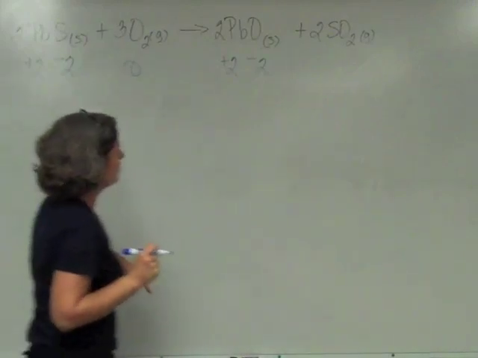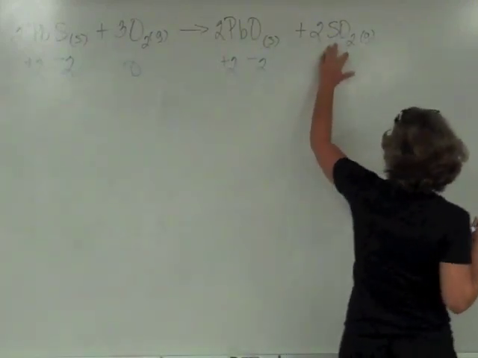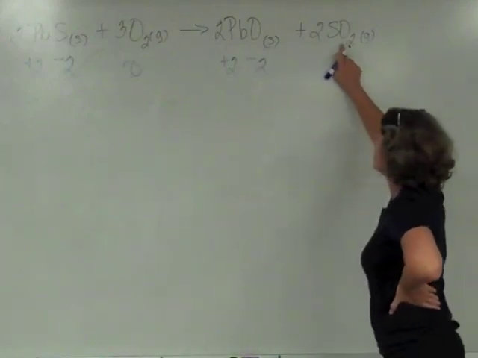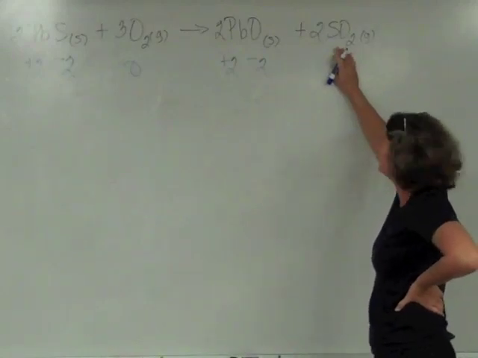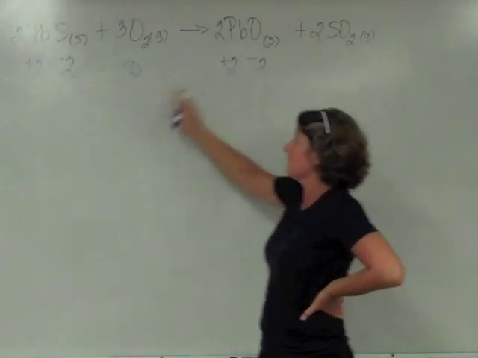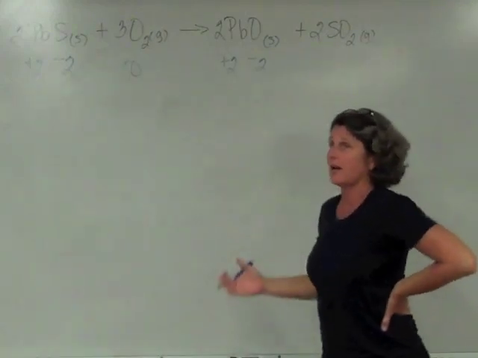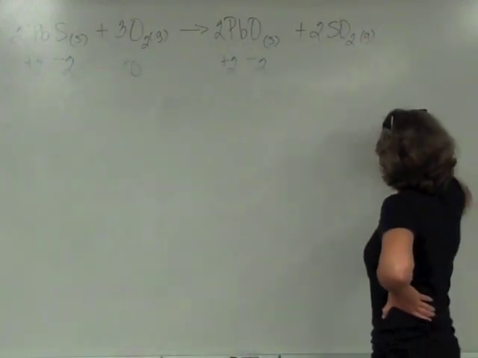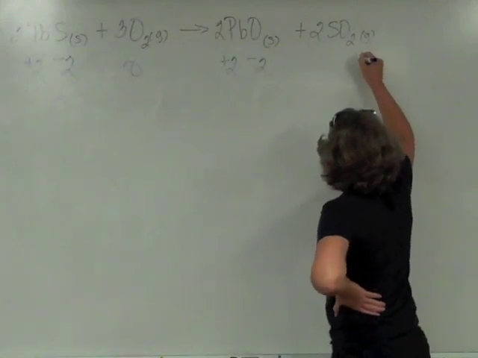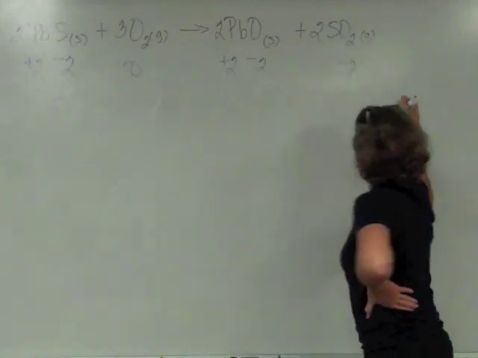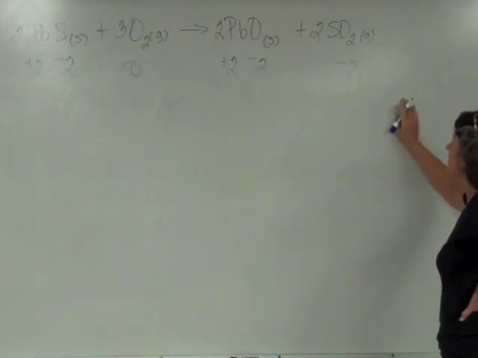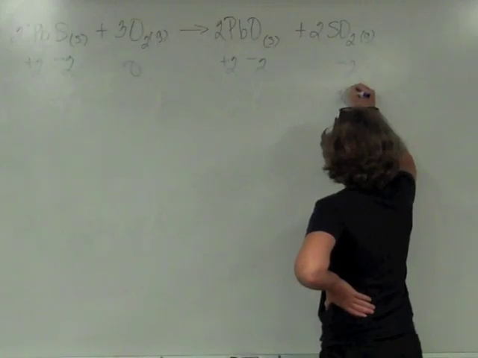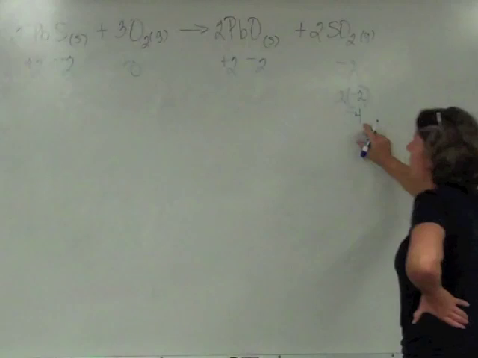Now I've got oxygen as part of a compound. This is a covalent compound, so it's going to be a little bit trickier. We're not allowed to just assign ionic charges to them. Oxygen has a -2 oxidation state whenever it's in a compound, and in this case I have 2 at -2, so overall I've got a -4.